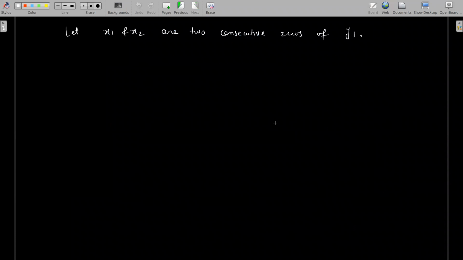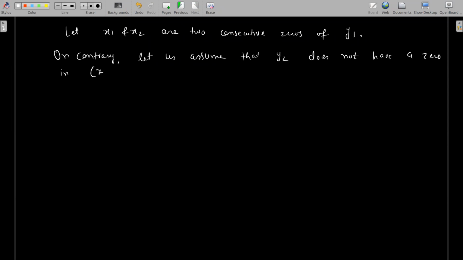On the contrary, let us assume that y2 does not have a zero in x1, x2.